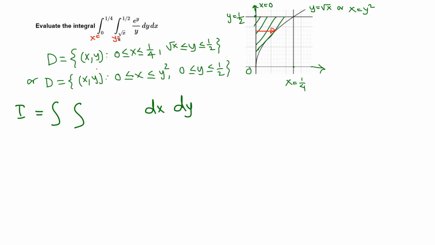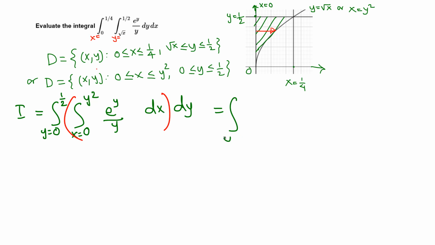I need to write down the limits for x: x is 0 through y squared, and outside y is 0 to 1/2. Our function remains the same, e^y over y. Now this is an iterated integral, so let's do the inner part, which is easy because this function with respect to x behaves like a constant.